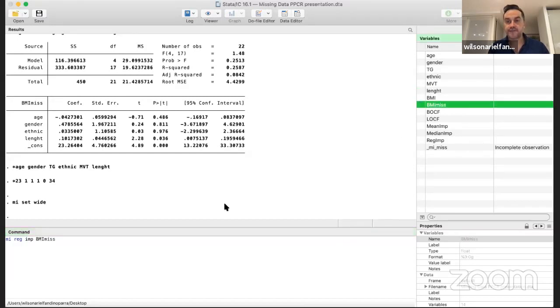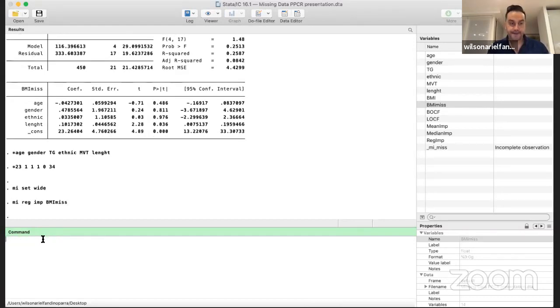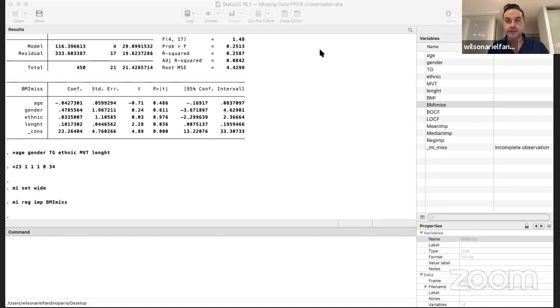So in this case, I'm interested in the BMI miss. Okay, this is the design, the layout of the command. Multiple imputation, register, imputed, and then the name of the variable that you want to work with. Okay, so Stata is just doing this.